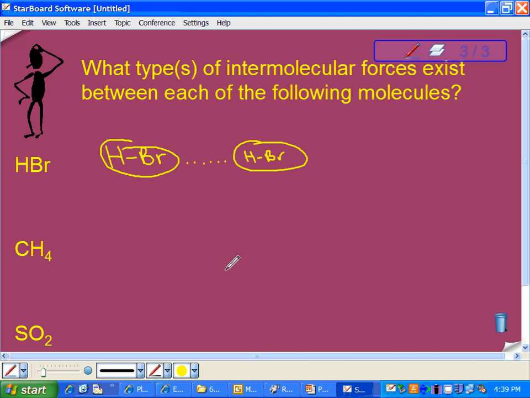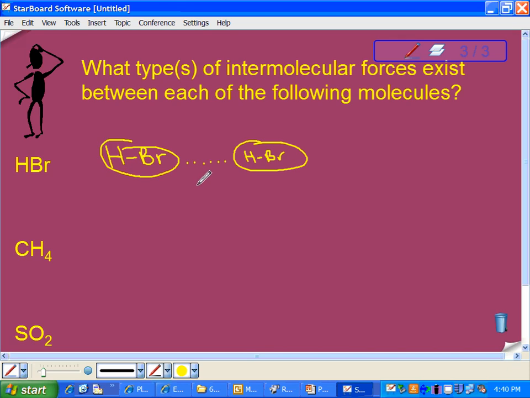And so we would go through our list. We would first start out with ion. In order for it to be ion, it has to be a metal and nonmetal. This is not a metal and nonmetal, so it is not an ion. The next we would look for would be hydrogen bonding. Now this has hydrogen, but this hydrogen here is not being attracted to nitrogen, oxygen, or fluorine. It's being attracted to a bromine. So this is actually not hydrogen bonding going on here.